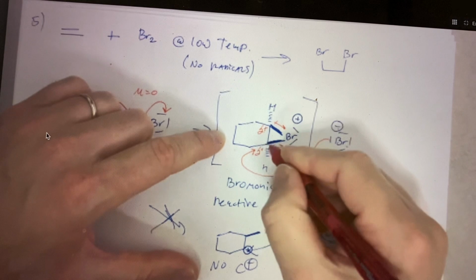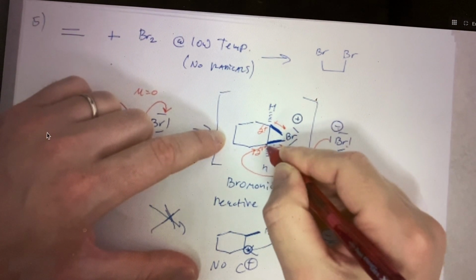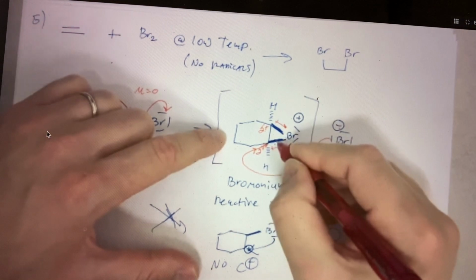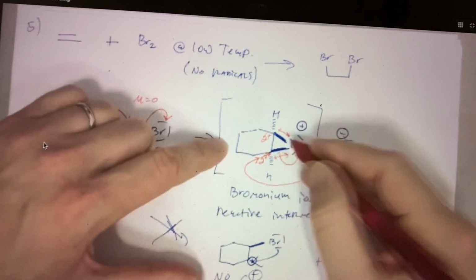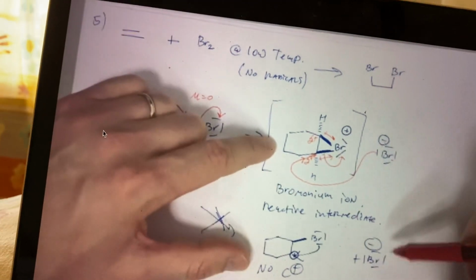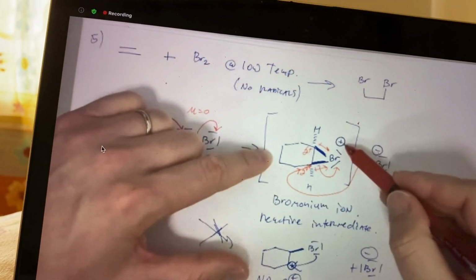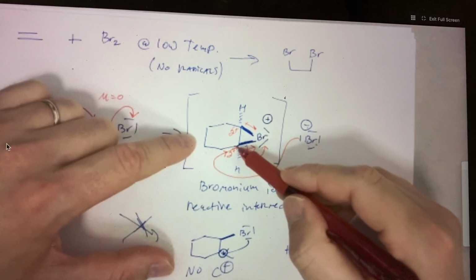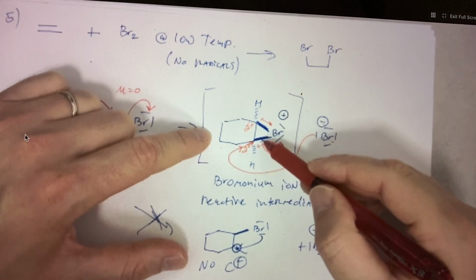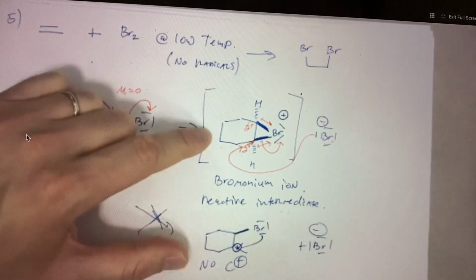It's going to attack this carbon right here. It's going to cause this particular carbon-bromine bond to pop open. This three-membered ring is very unstable. This bromine has a plus charge on it. That's also very bad. So bromide will attack carbon from the opposite side. This bond will break. The electrons will go to bromine.